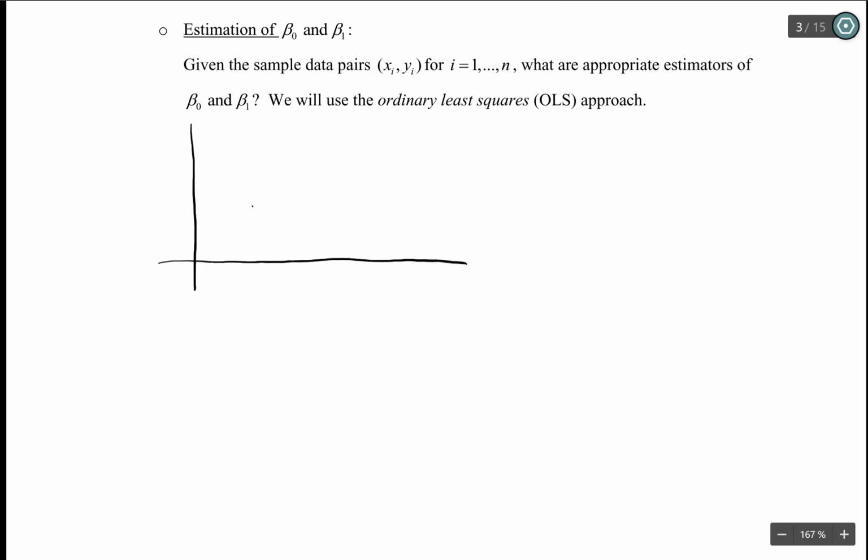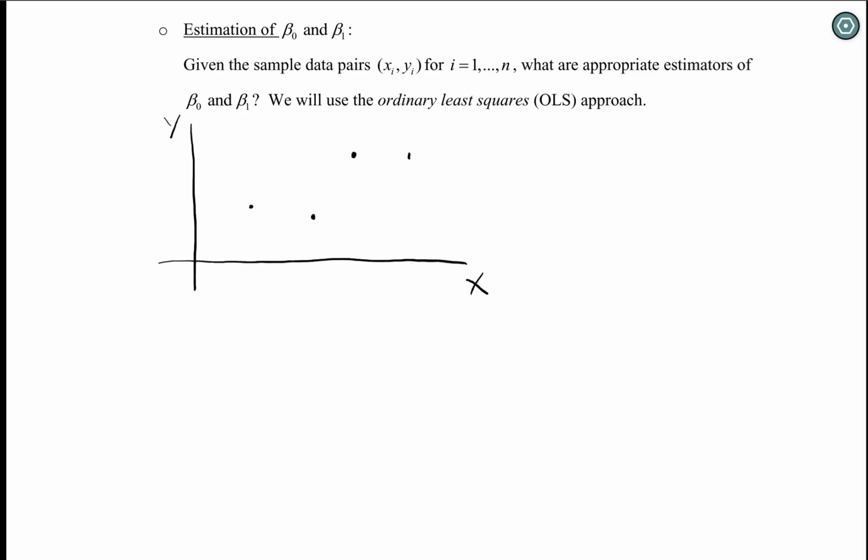If you think about a simple linear regression setting, we're going to have a scatter plot. I'm just going to put a few points here, there. So I've got 4 points there. I've got the horizontal axis x and the vertical axis y.